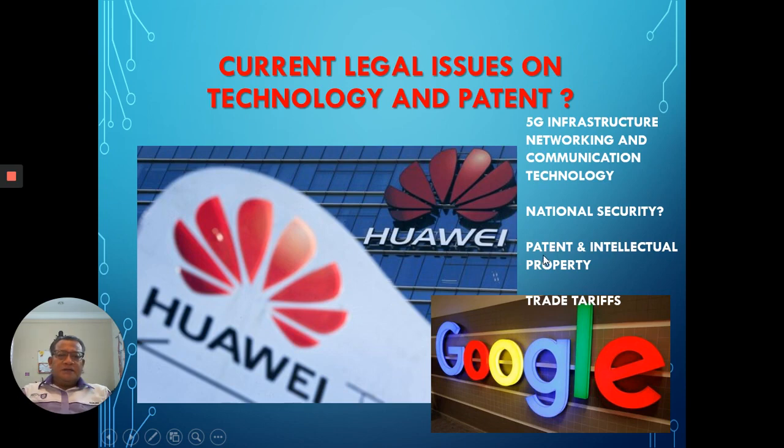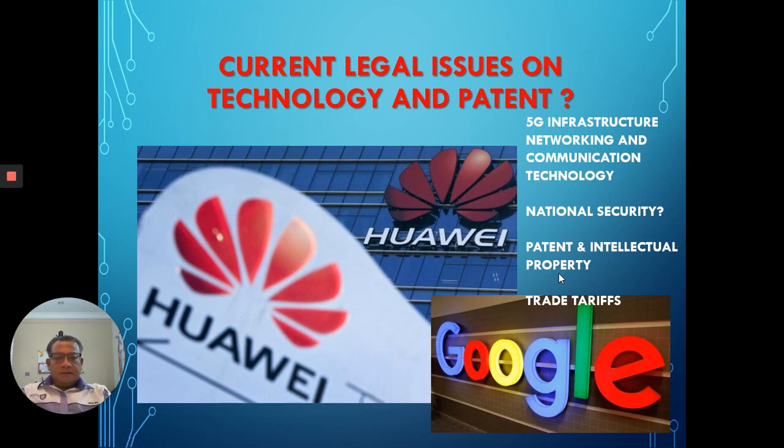So the issue is whether patent or intellectual property has really been breached as far as control is concerned, which contributes to national security for many countries that use Huawei IT infrastructure technology. So the trade tariff is just a means of a kind of tug of war between the two countries that are having friction as far as balanced trade.